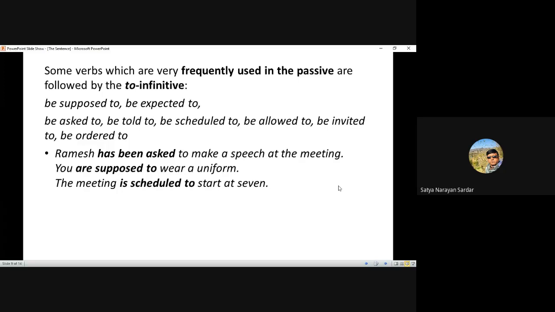Ram has been asked to make a speech at the meeting. You are supposed to wear a uniform. The meeting is scheduled to start at 7. These are in passive form. I think these are completely unfamiliar to you.